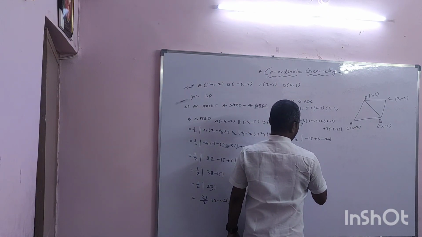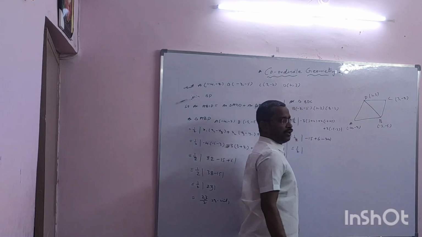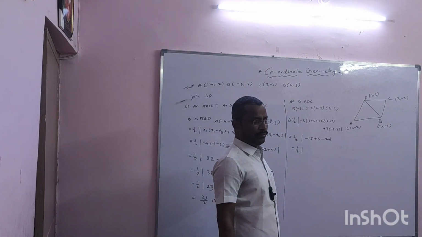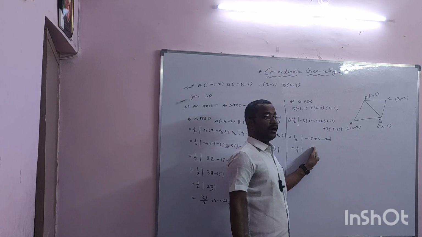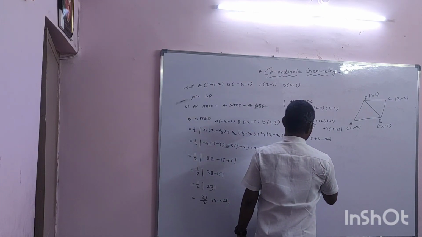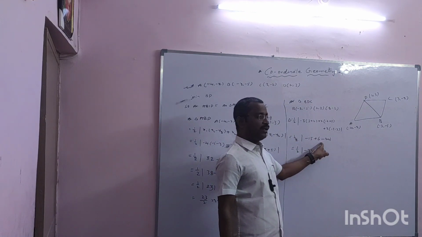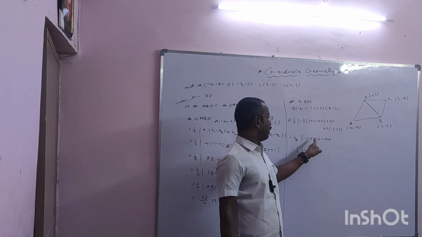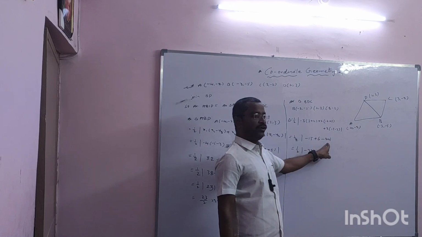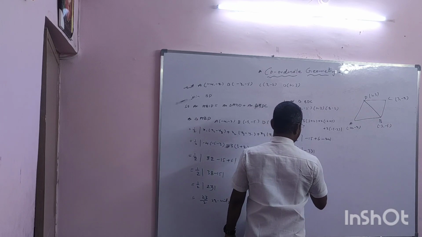Next, half of minus 24 minus 15 plus 6. How much do you get? Minus 9, and minus 9 minus 24 gives minus 33. So usually you will take it as 33 by 2.